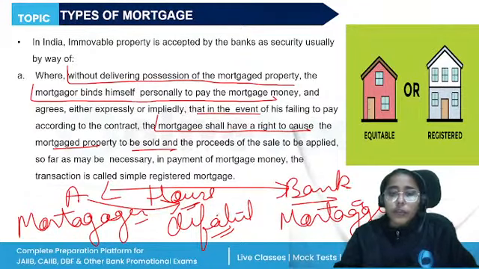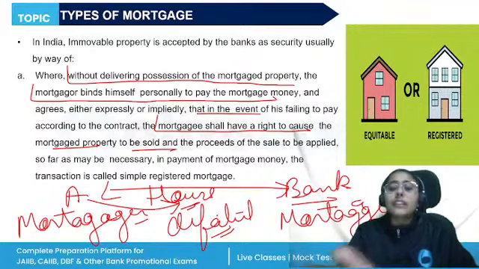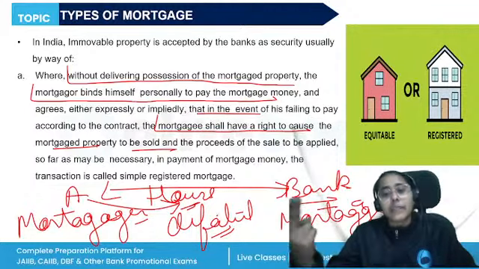So what happens here in particular towns, namely Kolkata, Chennai, and Mumbai, and any other town which is specified by the state government by notification, is that a person delivers to a creditor or his agent the documents of title of immovable property. So now the property itself need not be present in the same area, only the titles are being delivered.